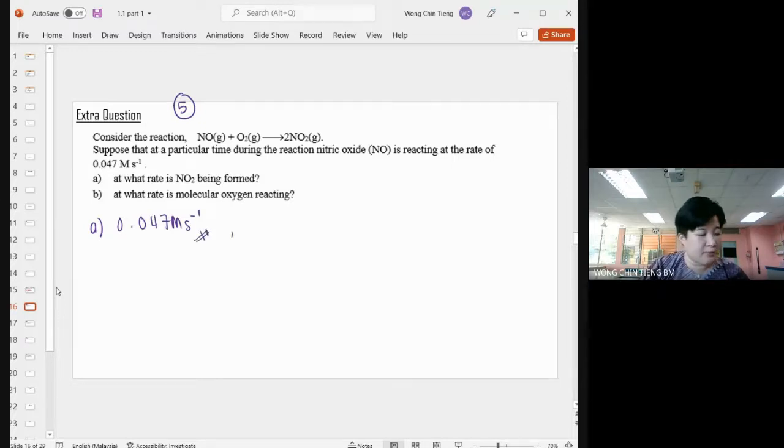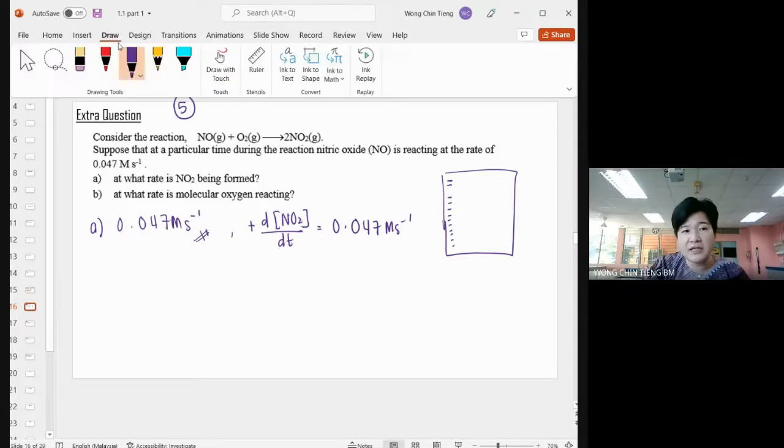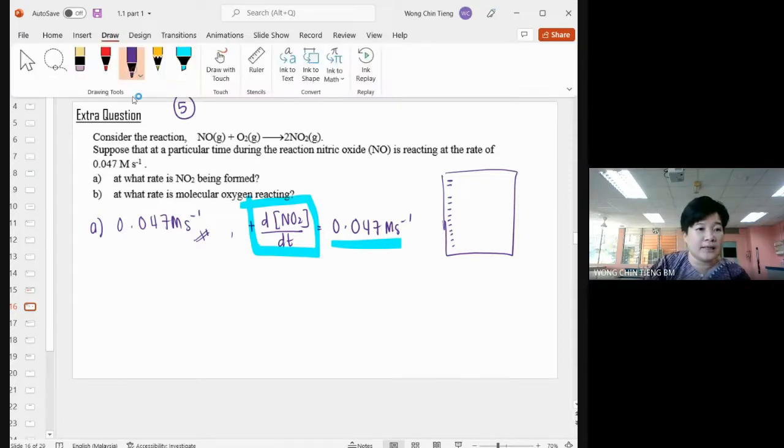Make sure when you write the answer, this question is the rate of NO2 being formed, so make sure you have positive dNO2/dt. Don't leave your answer without a title. I always tell my students, don't leave your answer untitled. You like to do this on paper: from start to end you write equals, but equals what, nobody knows. So never leave your answer untitled. Make sure you have what it is for this answer. Okay, check your work.